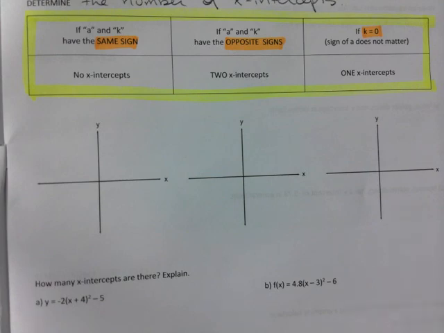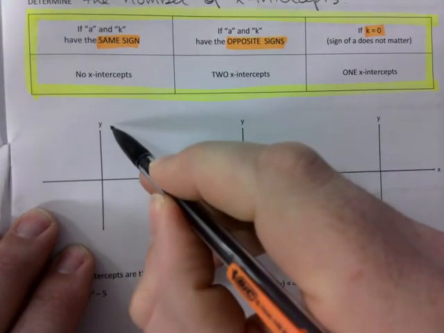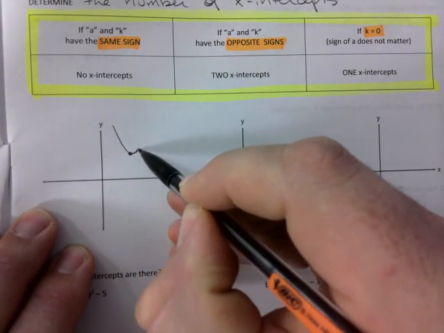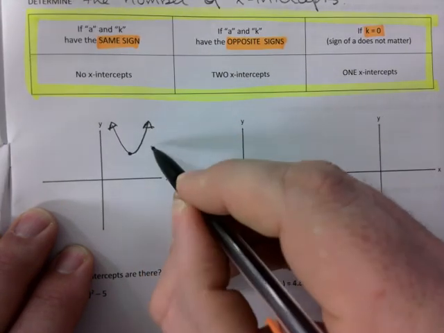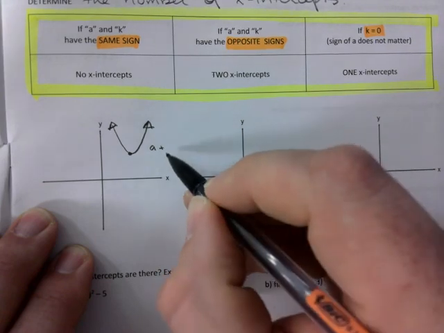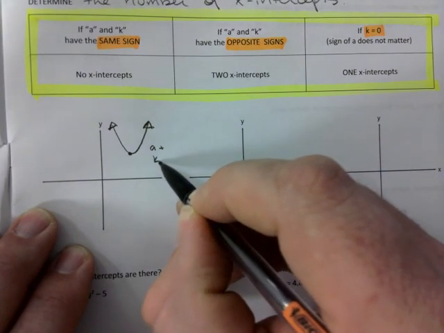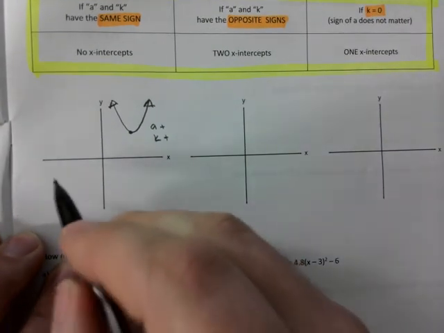It's going to go up and never touch. So in a scenario like this, a is positive and k is positive, right? So then it's just going up, never touching.